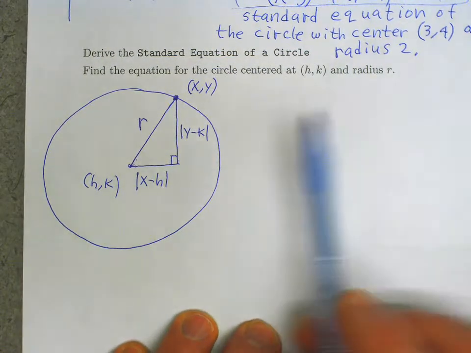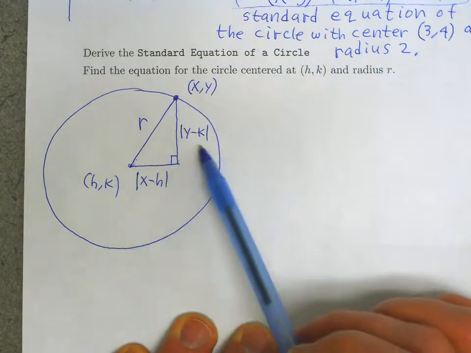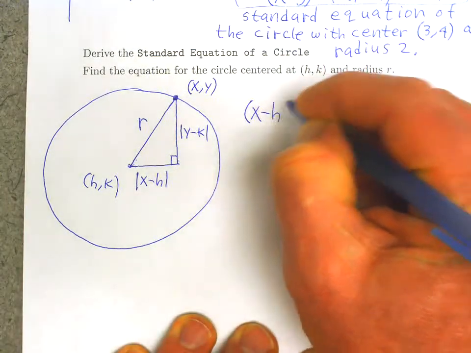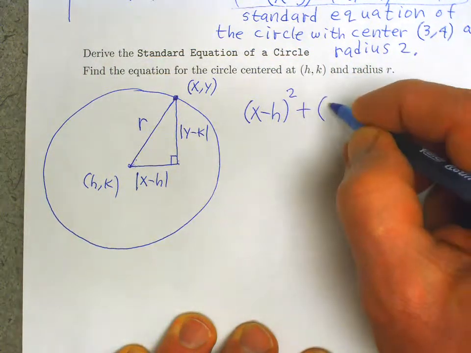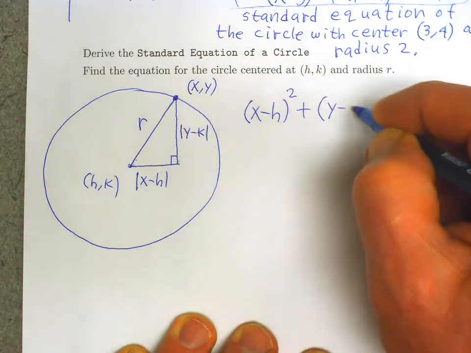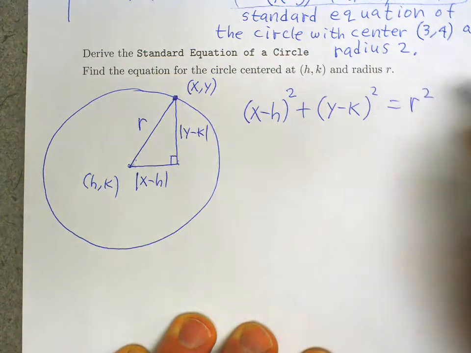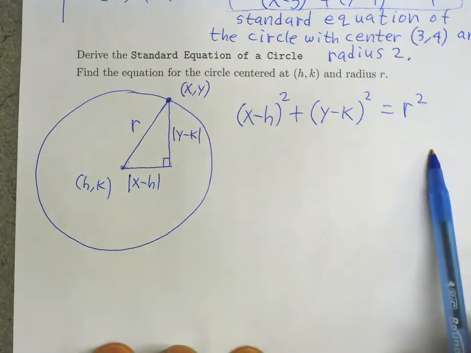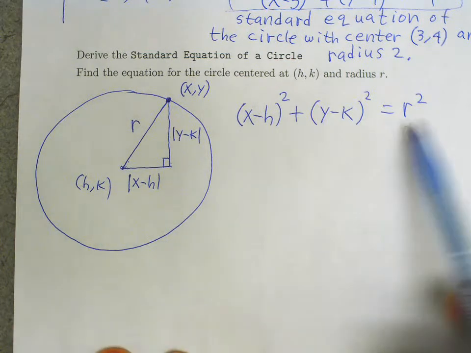Okay, then the standard equation is just the application of the Pythagorean theorem to this right triangle. So if I square the quantity x minus h and add that to the square of the quantity y minus k, that's equal to r squared. This is the standard equation of the circle whose center is h, k and whose radius is r.